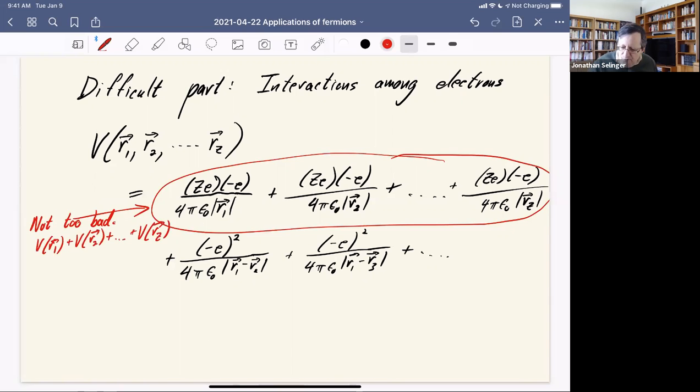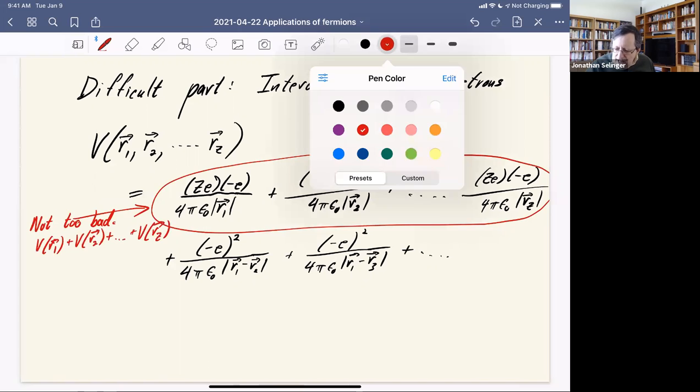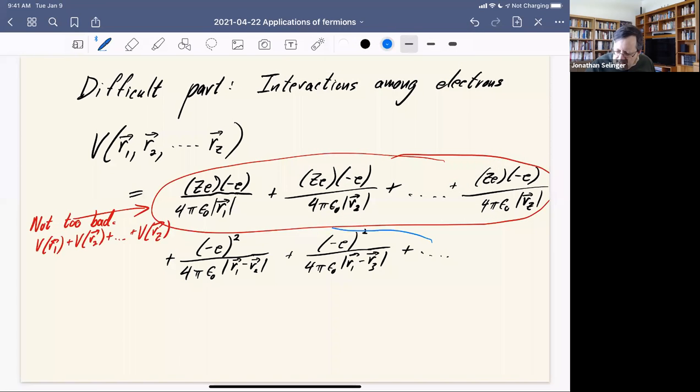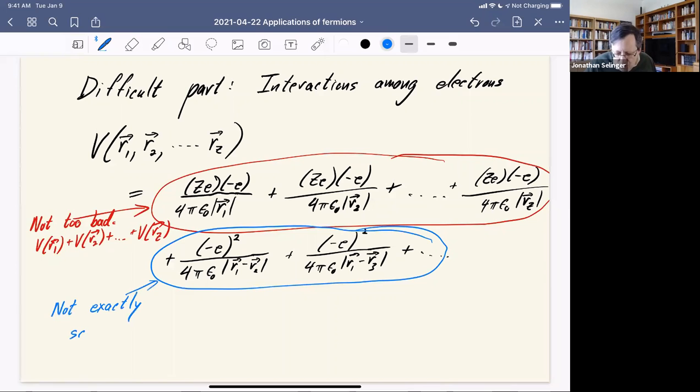That's not bad. But the line on the bottom has all of the complicated interaction of one electron with another electron, and we can't assume that either of them is fixed. So this stuff is what is not exactly solvable.